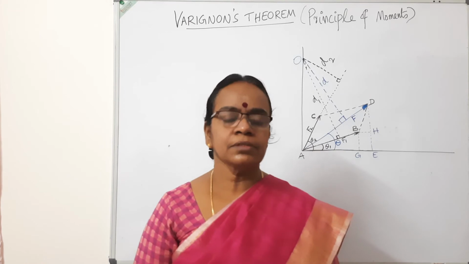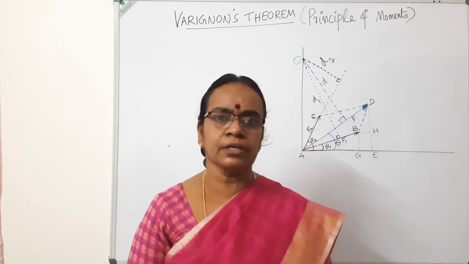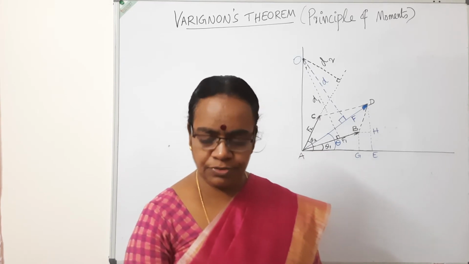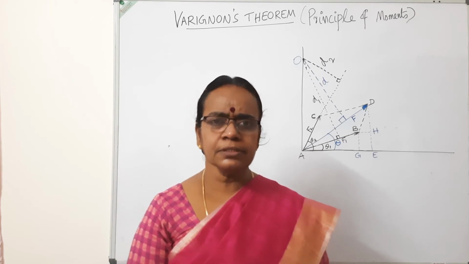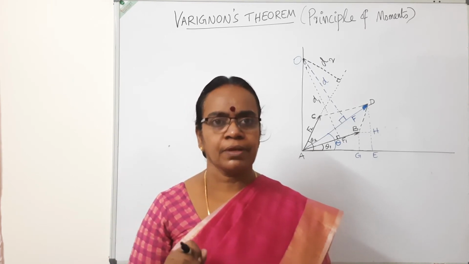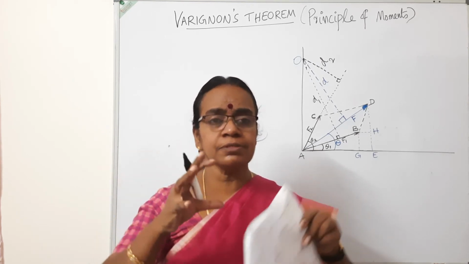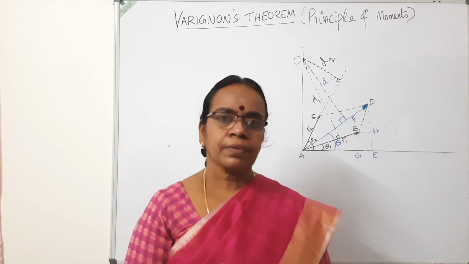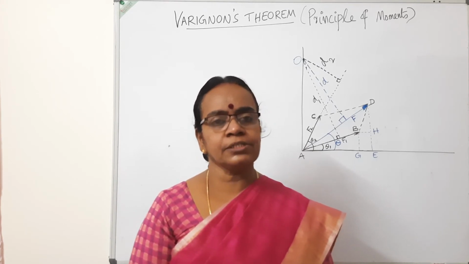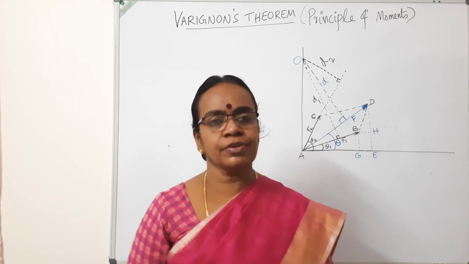Okay, we are next going to discuss an important theorem when considering the moment of several forces. When several forces are acting on a body, there is a very useful application of the Varignon's theorem.